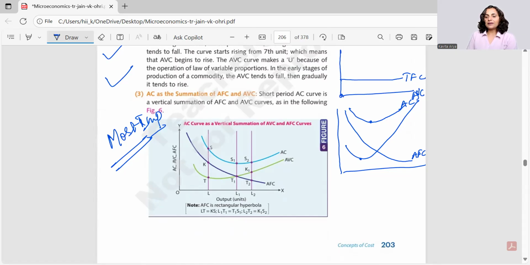Total variable is inverse S-shaped and total cost is again inverse S-shaped, right? And when we talk about averages, AFC is a rectangular hyperbola, AVC is U-shaped, and AC is again U-shaped, but AVC has a steep slope, while AC has a flatter slope because some of its effect is compensated by AFC, which is going down, right?